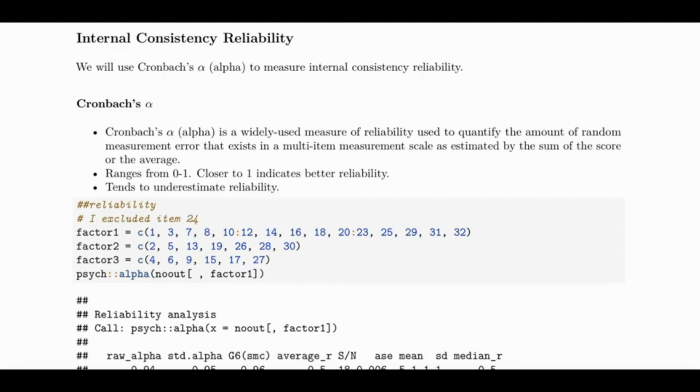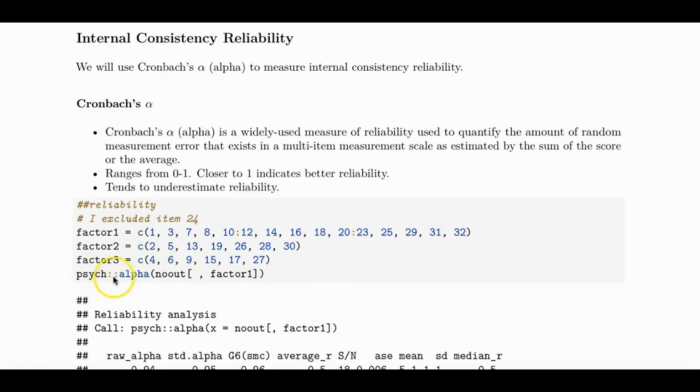So what I did next in the code was, first of all, I excluded item 24, and then I put the items into each factor as they came out from the fa function. So I'm going to use the package psych, which is here, and I'm going to use the function alpha, and inside I'm going to put the data, and I just want the columns inside of factor 1, which are those.